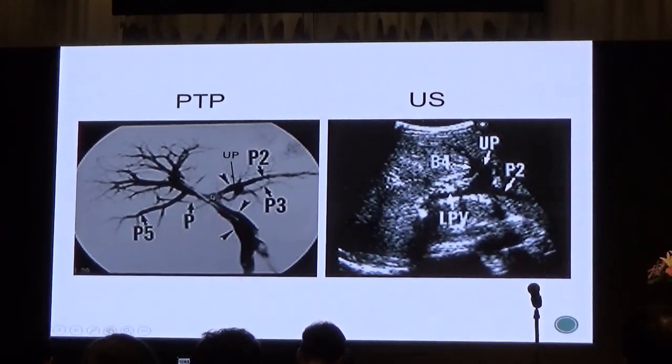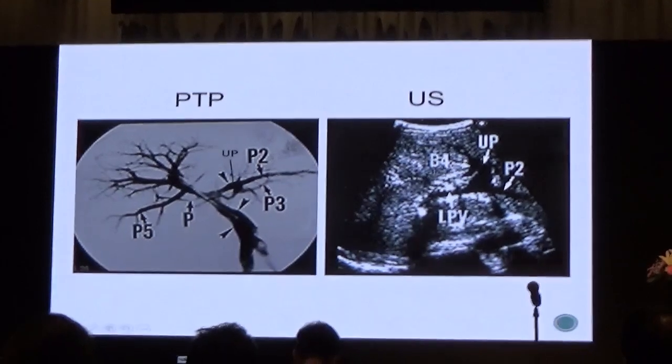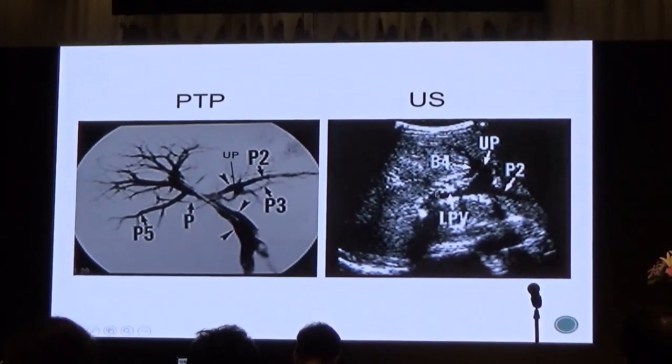And here, left lateral extension of the tumor is close to the base of the umbilical portion of the portal vein here. And ultrasonography clearly demonstrates diffuse cancer involvement, periportal cancer invasion up to the confluence of segment 2 and the umbilical portion.